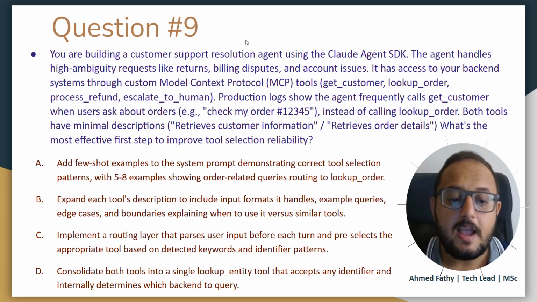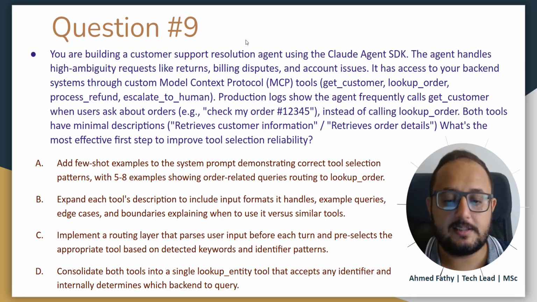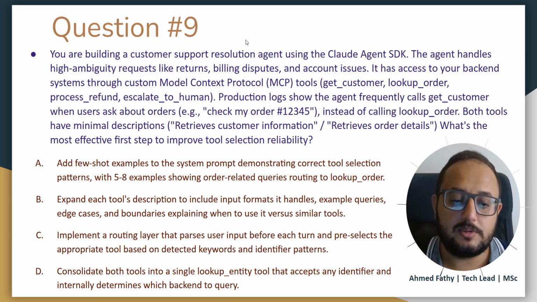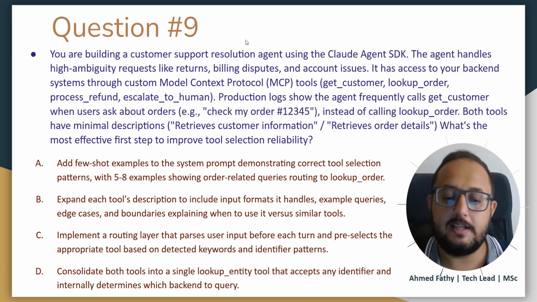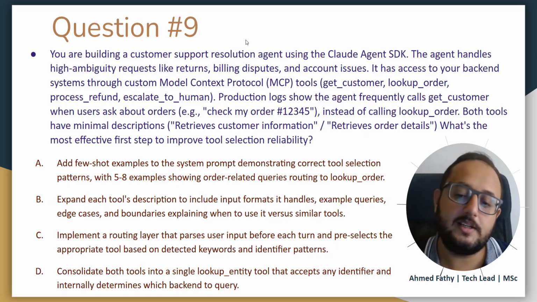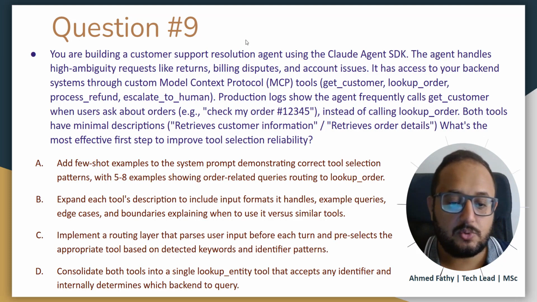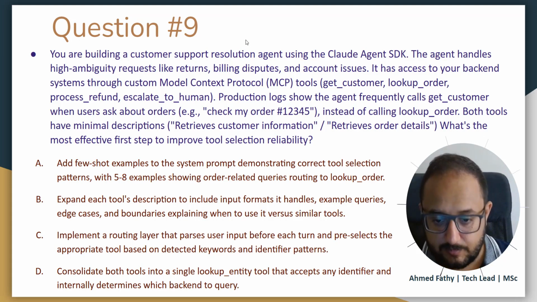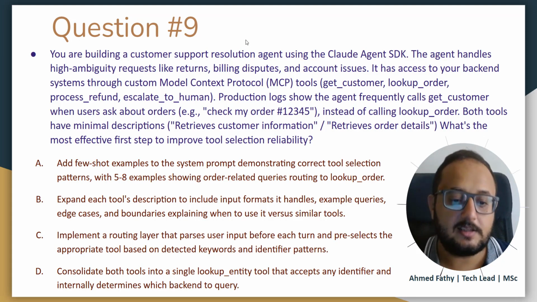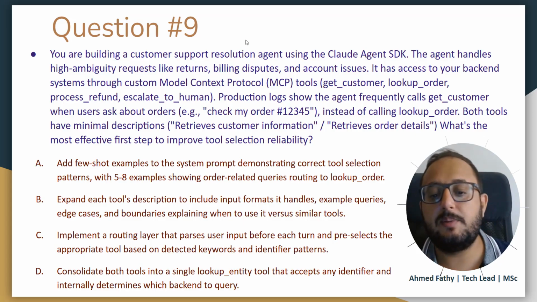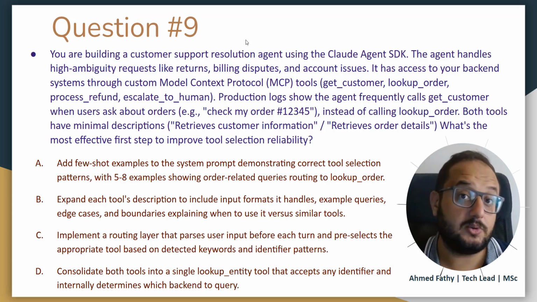A, add a few short examples to the system prompt demonstrating correct tool selection patterns, with 5 to 8 examples showing order related queries routing to lookup order. B, expand each tool's description to include input formats it handles, example queries, edge cases, and boundaries explaining when to use it versus similar tools.